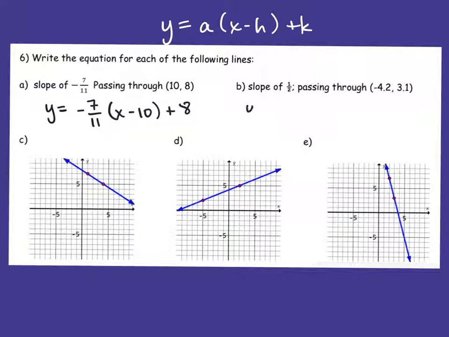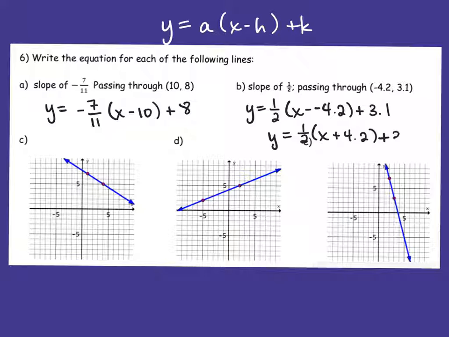So on part B, y equals 1/2 times x minus -4.2 plus 3.1. So when you write this overall, it's going to be y equals 1/2 x plus 4.2 plus 3.1. So here on part C, if we find our slope, down 2/3, so -2/3.